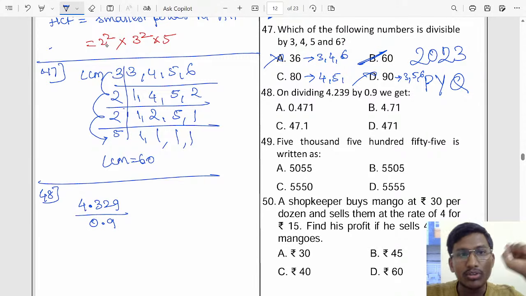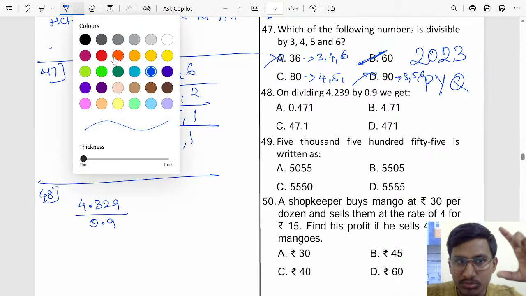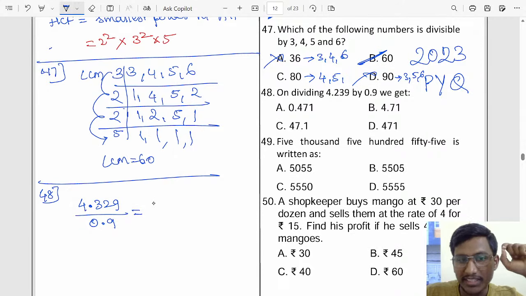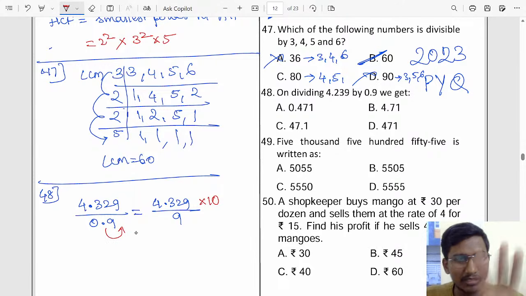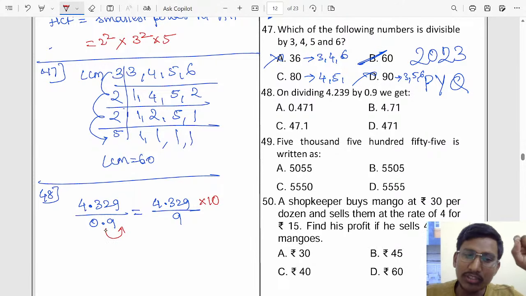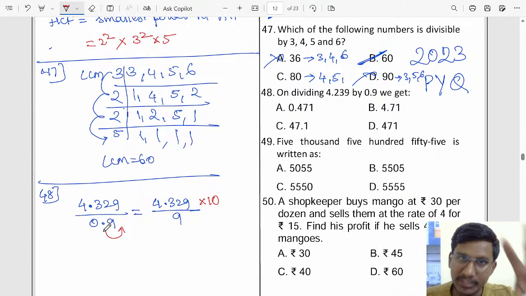We know to divide decimals we have to remove the decimal from the denominator. So 4.329 divided by 9, and multiply the numerator with the same number of decimal places. So this point will go and it will become 9. That is because we don't know the 0.9 table, we know the table of 9 here. That is why always remove the denominator decimals.